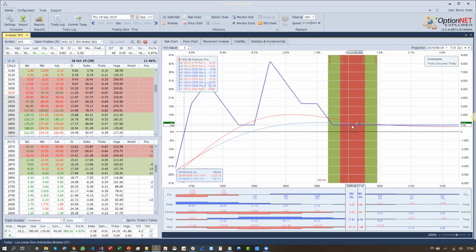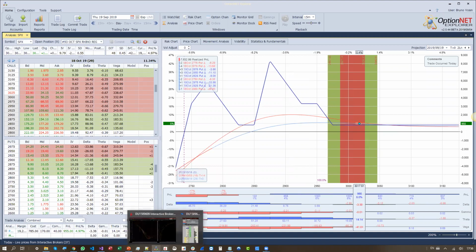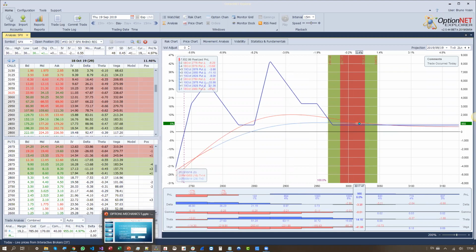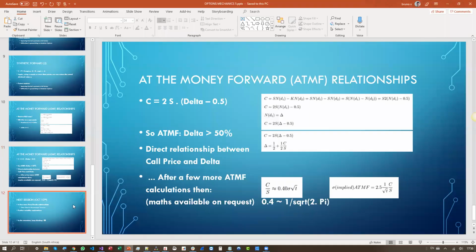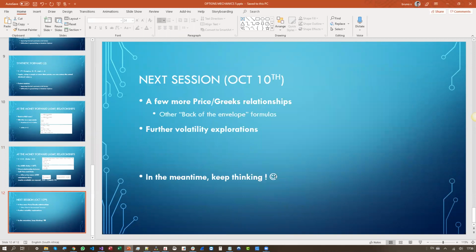I know that some people build their own self-confidence through backtesting. I've got my own doubts about the interest of backtesting, but I think knowledge is better. That's why I ended my little presentation. It's going to be the motto going forward. In the meantime, keep thinking. That's all I want to say.